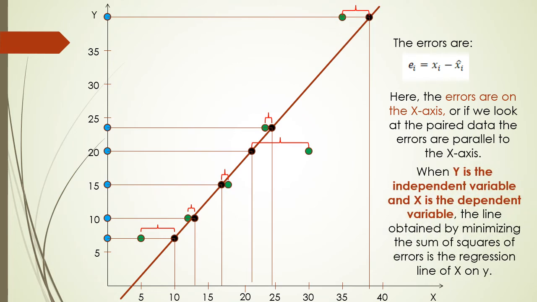When y is the independent variable and x is the dependent variable, the line obtained by minimizing the sum of squares of errors is the regression line of x on y.